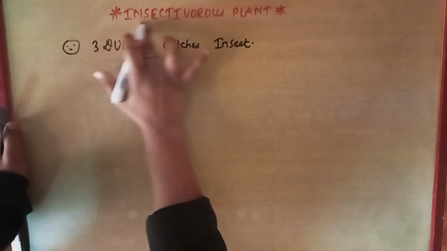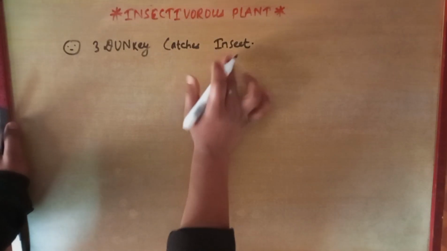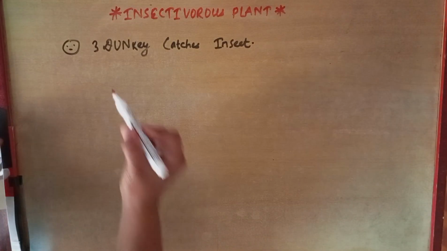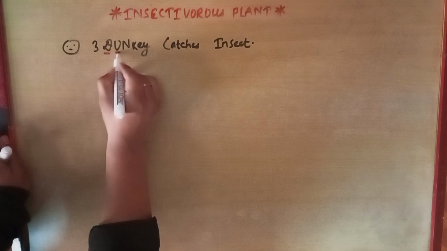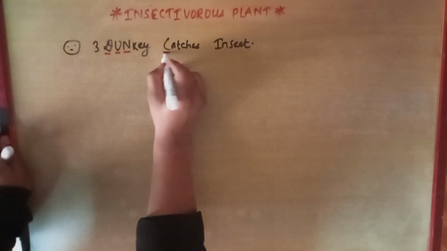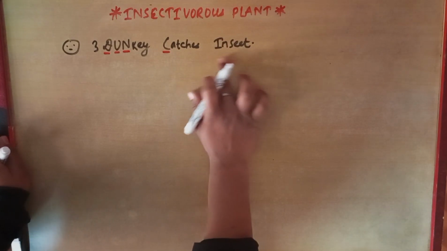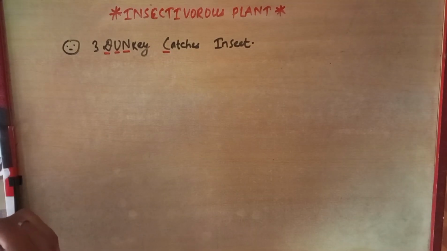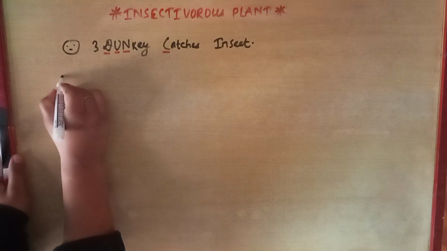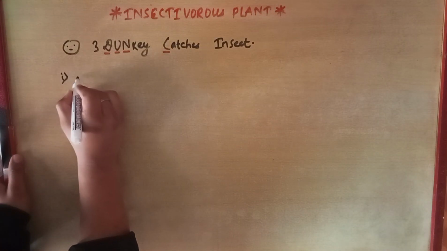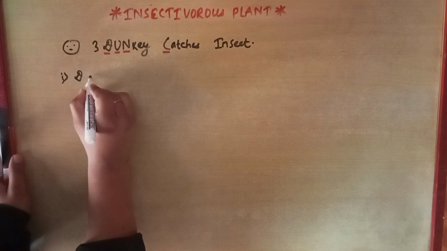That is, insectivorous plants catch insects. So here 3D UN, all capitals, and this "catches insect" means insectivorous plants catch insects, so there is no use of this word. In the first we have 3D, that is D.